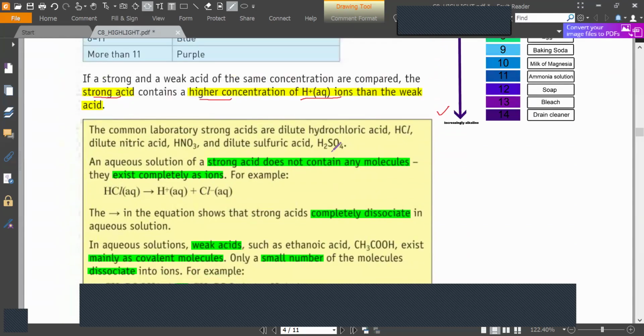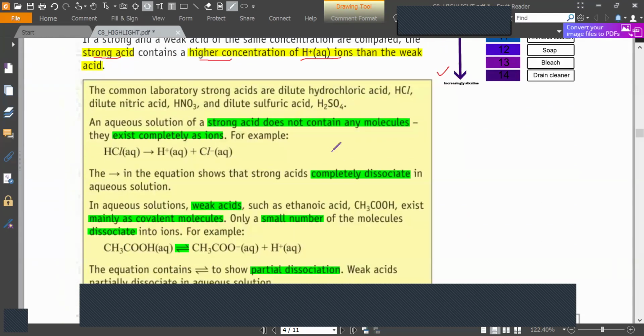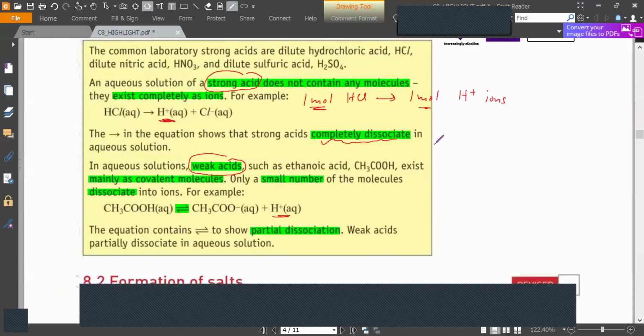So what is the difference between strong acid and weak acid? They both produce H plus ions, but strong acid completely dissociates. So let's say we put 1 mole of HCl in the water, we will get 1 mole of H plus ions. Fully dissociated.